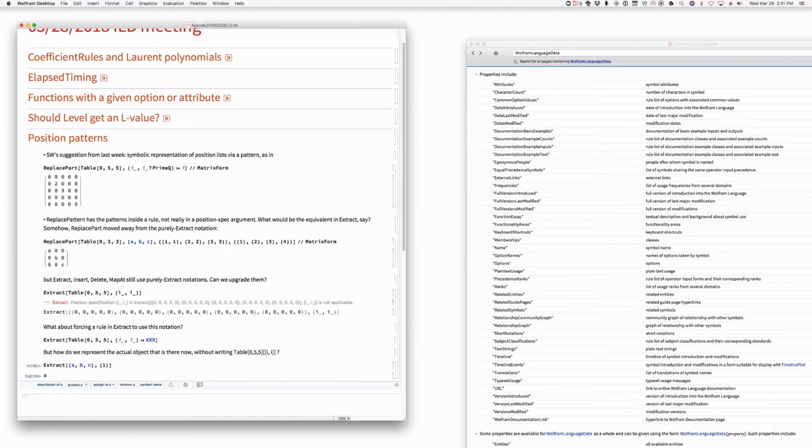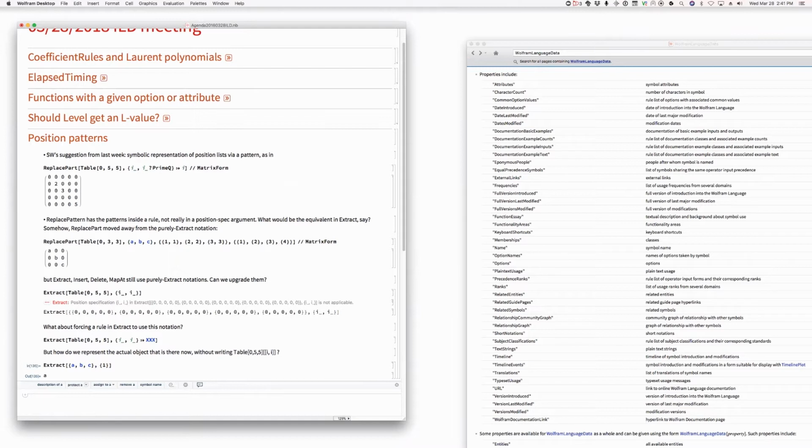But in fact, I have that comment there that ReplacePart until version 6 or so had this alternative notation in which there were arguments rather than rules. And that didn't accept patterns. And I think precisely because of that reason, you couldn't put two different i's in different arguments because they wouldn't be properly scoped.